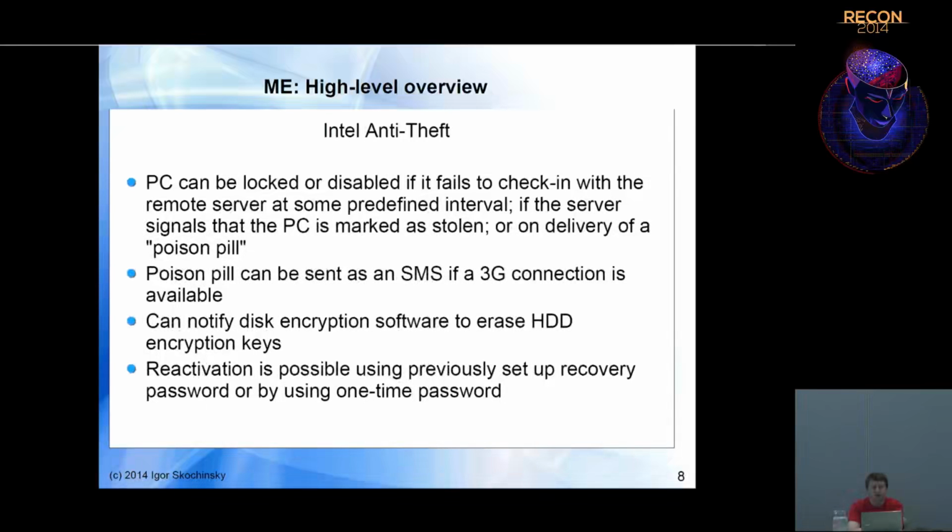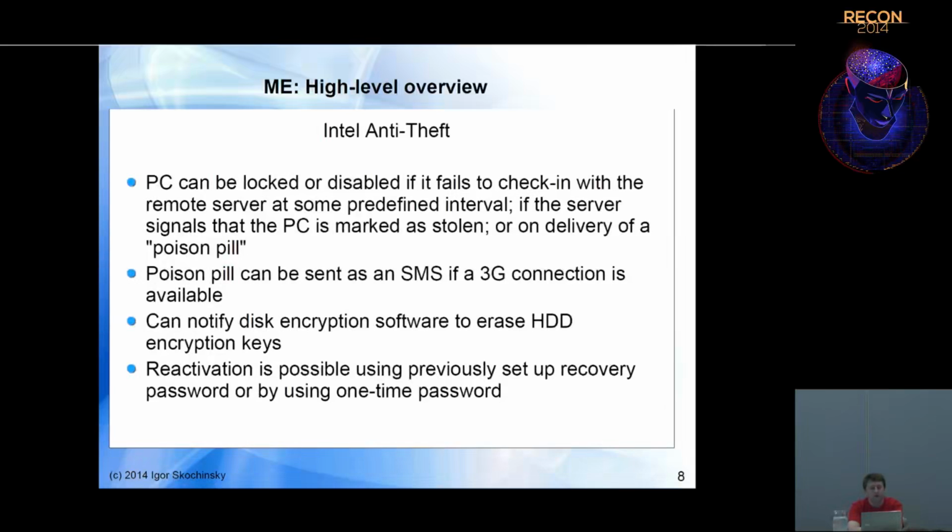Anti-theft. Intel has an anti-theft solution, and if you activate your ME using this feature, it can check periodically with the anti-theft server, and if it fails to check in after several tries, it may lock the PC, and you cannot boot it anymore, or it will reset every 30 minutes, and you will have to unlock it by calling the provider, and they will provide you with the recovery code, of course, if it's still in your hands.